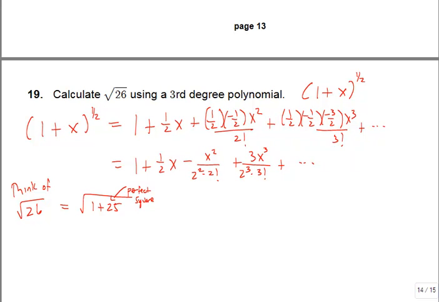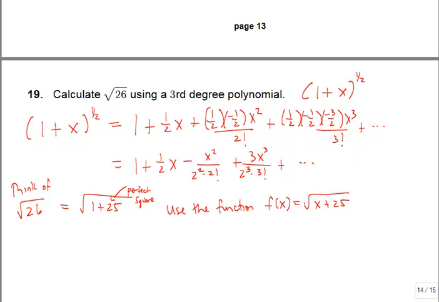So that means what we're going to do for our function is we're going to use the function f of x equals square root of x plus 25. And we're going to plug in x equals 1. Once we get the power series for this function, we can just plug in 1 in for that x, and that'll give us an approximation to the value of the square root of 26.